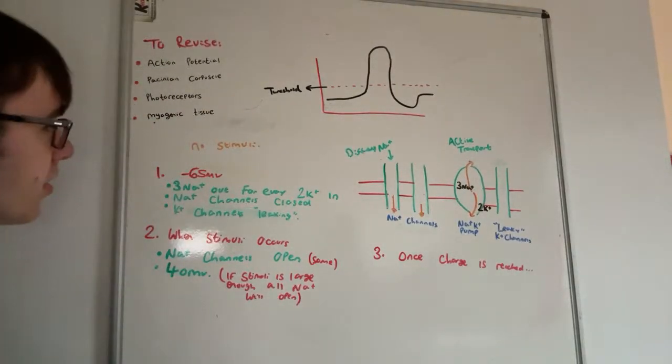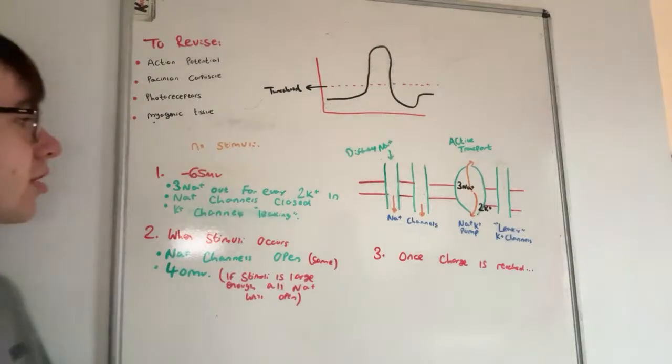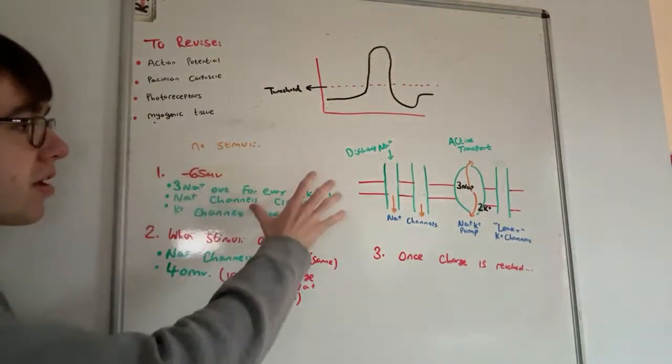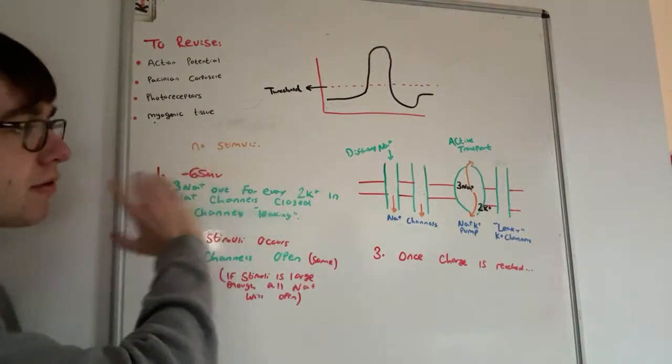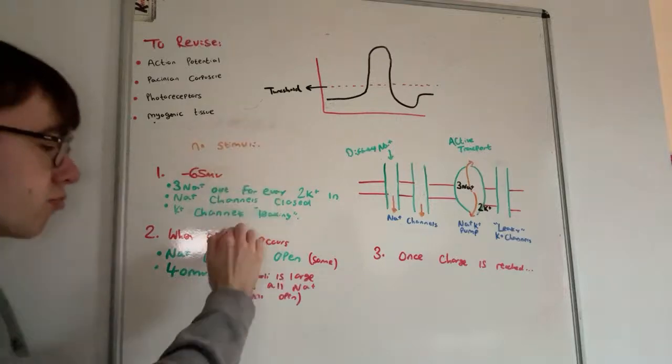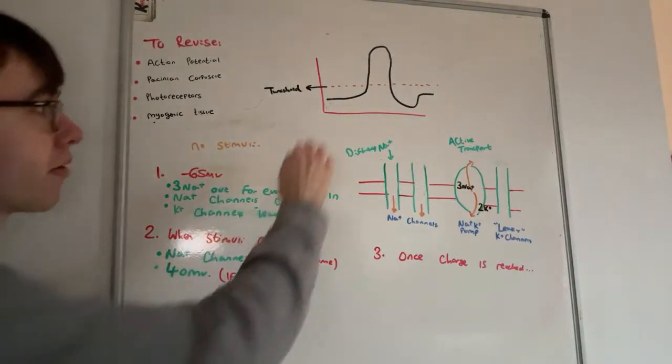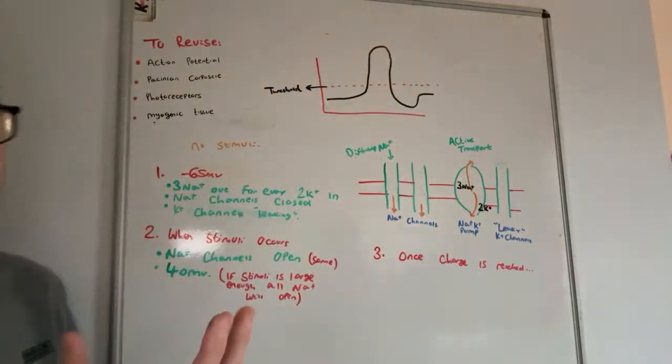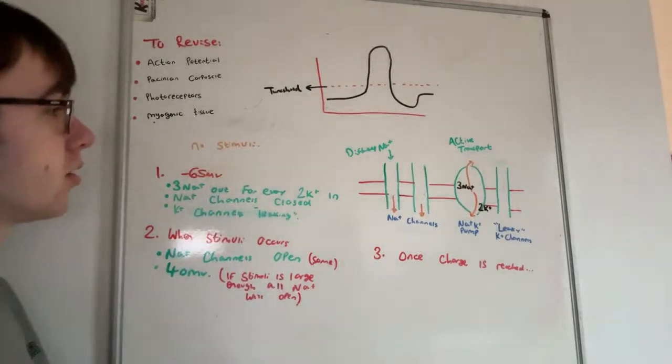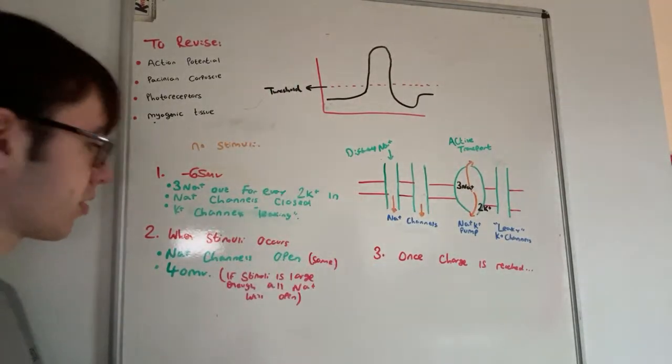So it's like there's three stages. You've got resting potential, which is when there's no stimuli, the resting stage. Depolarization, where it goes up rapidly because the channel is open, and then repolarization, where it goes down rapidly.